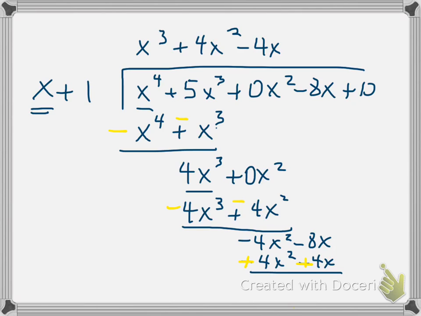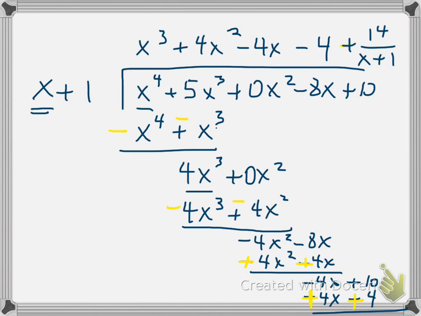Plus and plus. Negative 8x plus 4x is negative 4x. Bring down the plus 10. X divides into negative 4x, negative 4 times. Distribute there, and that gives us negative 4x minus 4. When we change those signs, we end up with a remainder of 14. And the remainder goes over x plus 1.